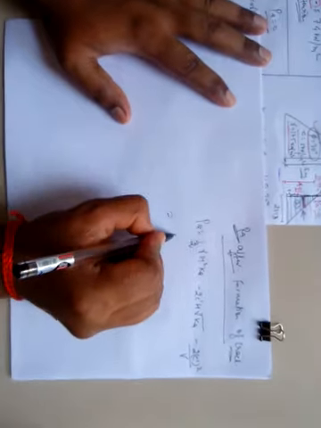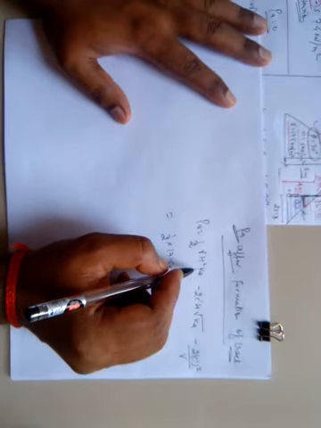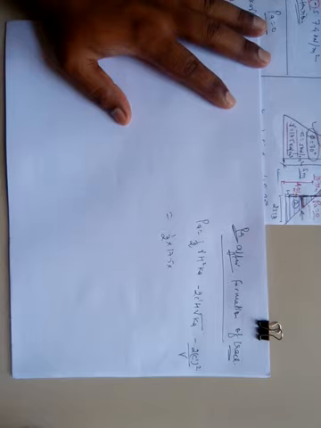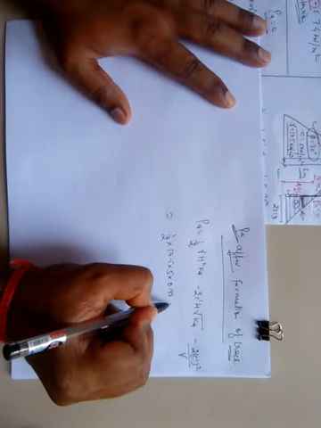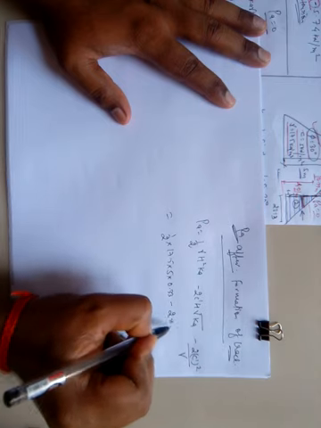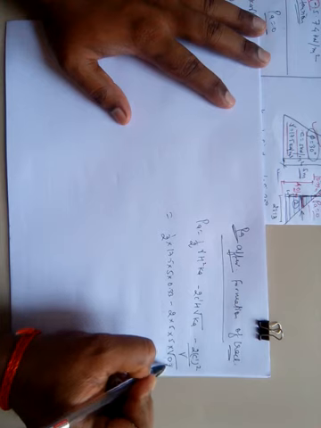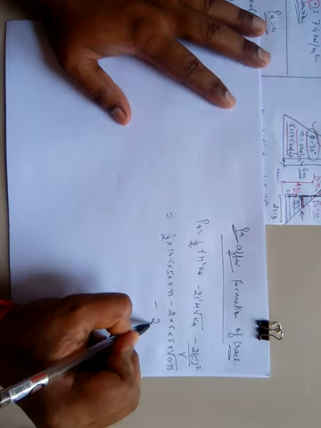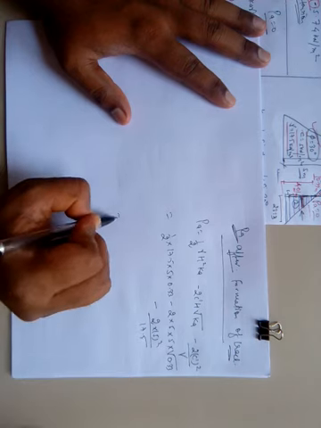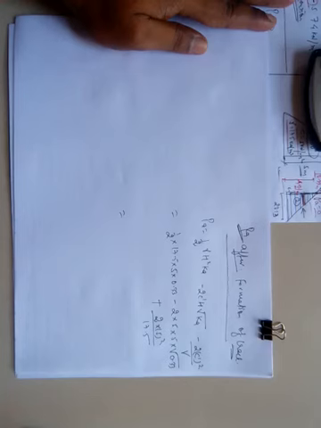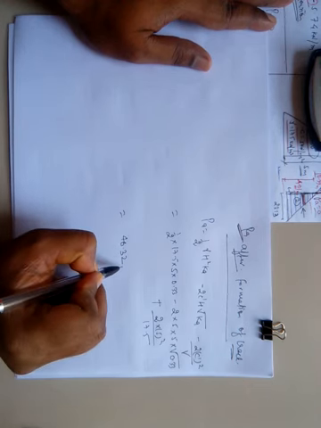So put all the values over here: half into gamma 17.5, h is 5 square, 0.33, minus 2 into 5 into 5 into root over 0.33, plus 2 into 5 square by 17.5. It is equal to 46.321 kilonewton.